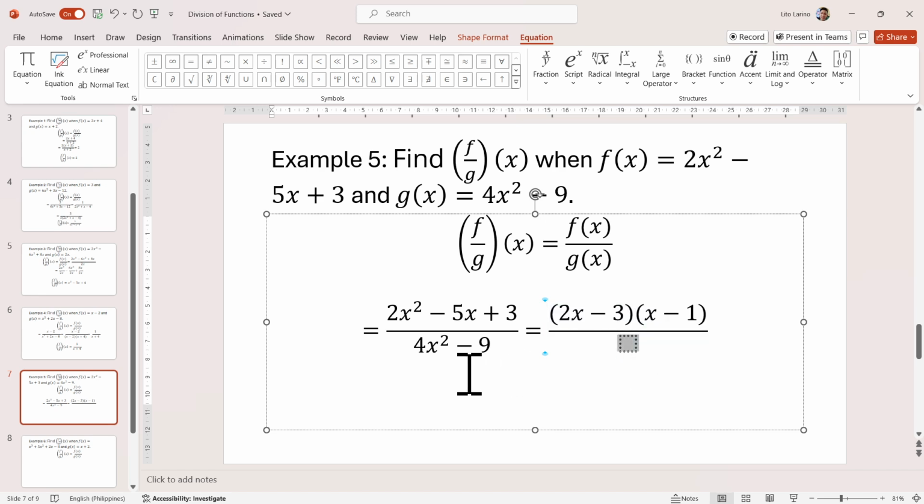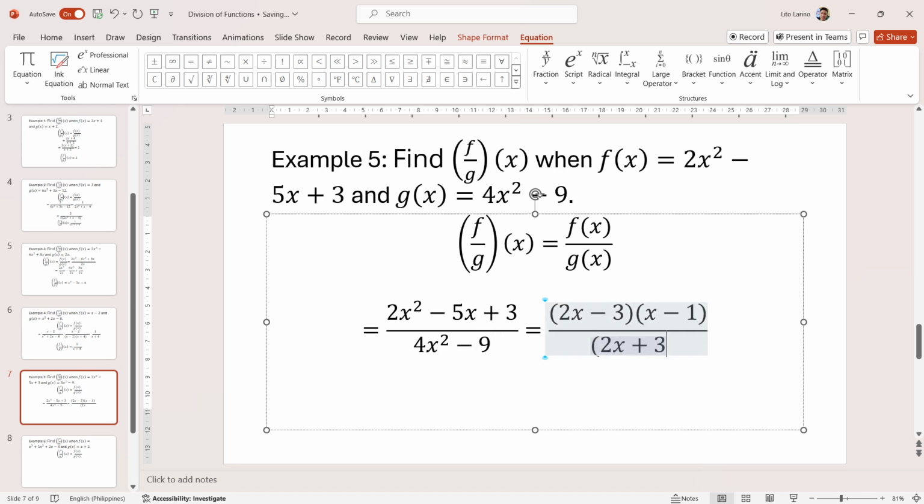And let's have this denominator. The denominator is the difference of two squares. The factors are the sum and difference of the square roots of the first term and the second term. So the square root of 4x squared is 2x, while the square root of 9 is 3.